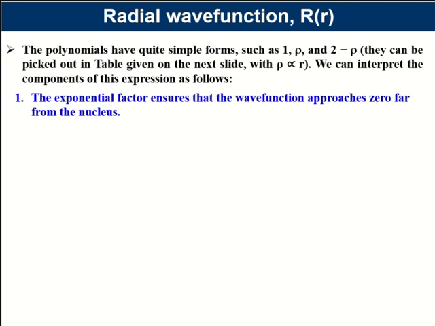So these are the three different terms that we get separated: r to the power L, then the polynomial, and the exponential. We have written three things, and we are analyzing the role of each one of them.